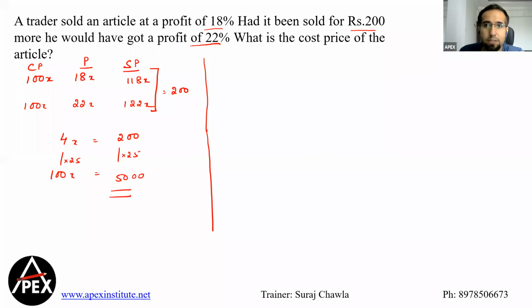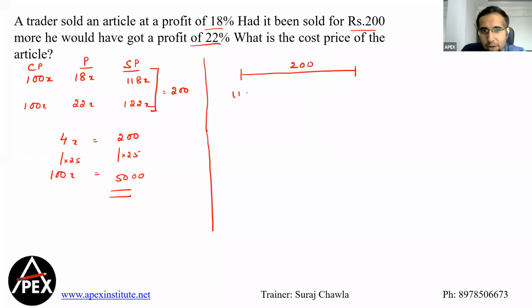Clear, guys? Now, let's understand from this perspective. The shortcut says I'm referring to two selling prices and the gap of them is 200.